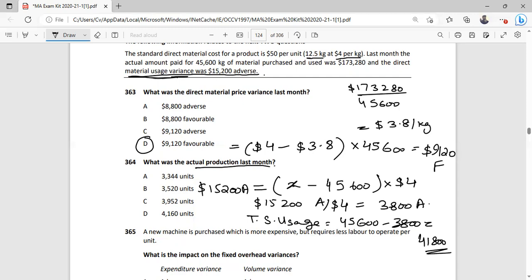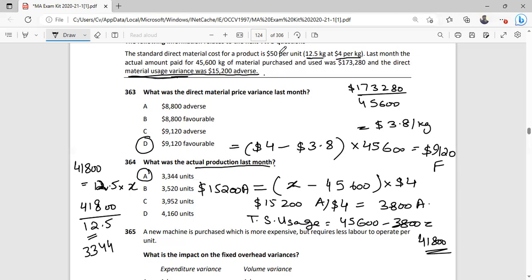Now the formula of total standard usage says standard usage per unit multiplied with actual production units, and we are required to calculate actual production units. That's why it is X. So you can use the formula total standard usage divided by standard usage per unit. 3344 units are the actual units.